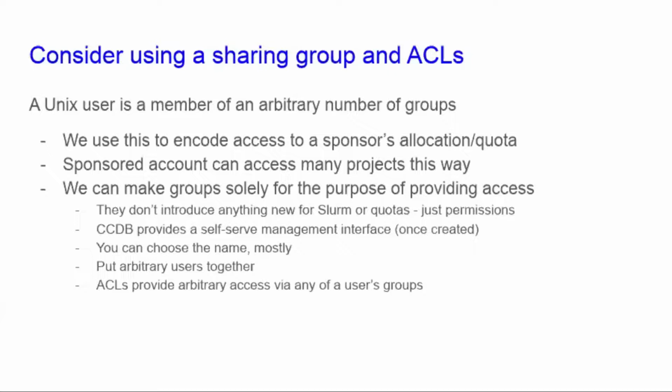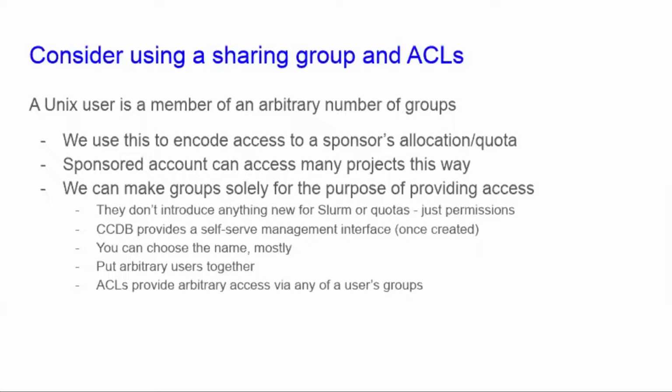You can use these with just the normal usernames and group names, but you can also ask us to create a sharing group for you. So for instance, if it would be convenient for you to have, let's say, a project divided into two sets of people or two use cases, you can ask us to create a sharing group, which is essentially a new name, which can be used for ACLs.